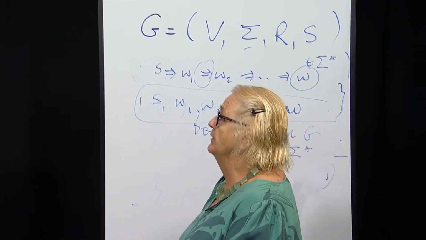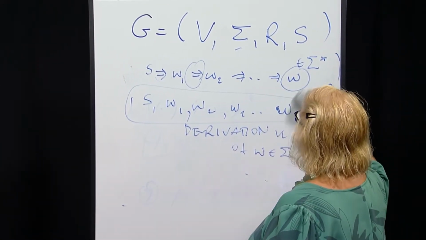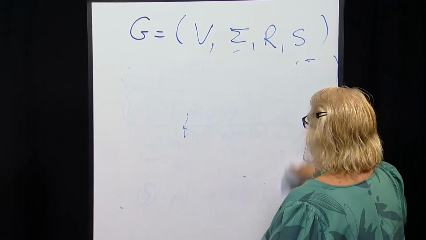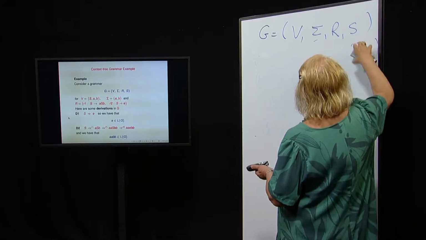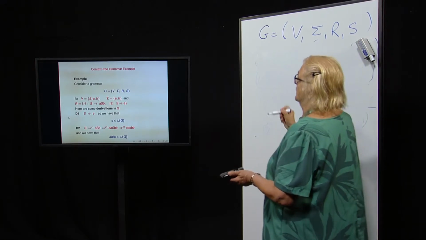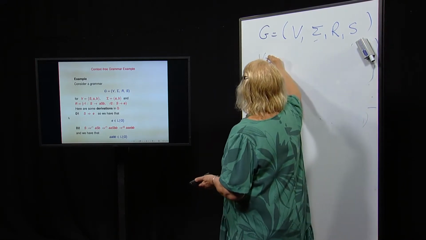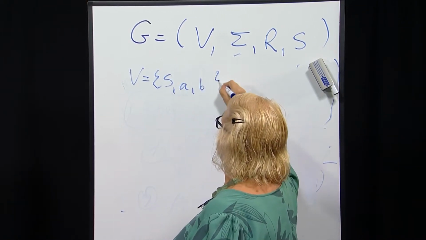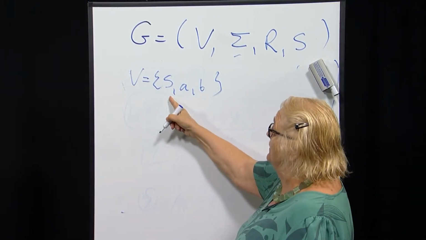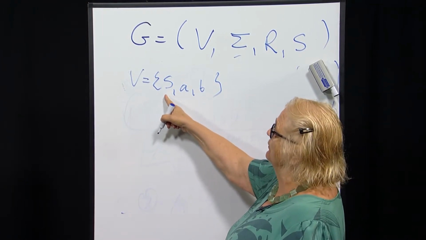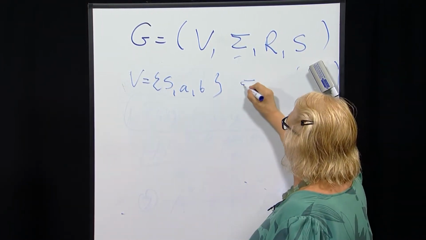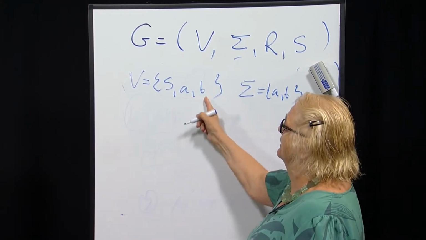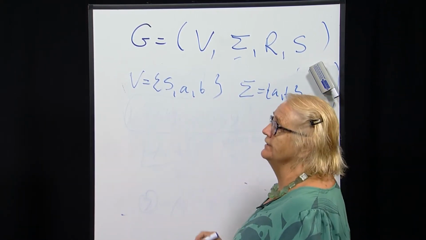For example, let's look at a very simple grammar. This is a general grammar. Now let's look at the grammar where V is S, A, B, and you can see immediately that there is only one non-terminal, and sigma is A, B because we decided that sigma consists of small letters.